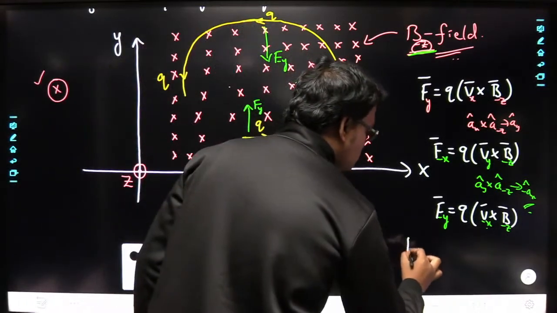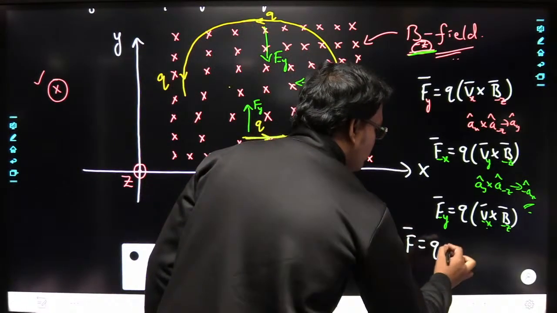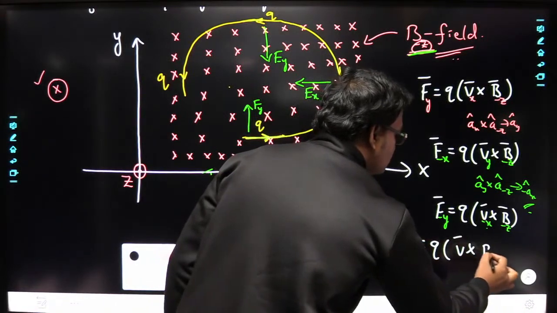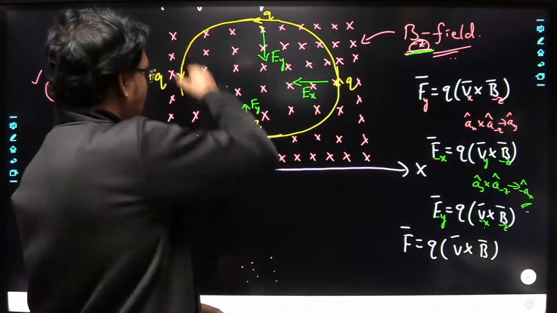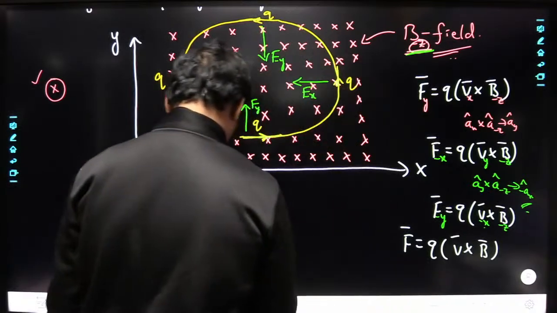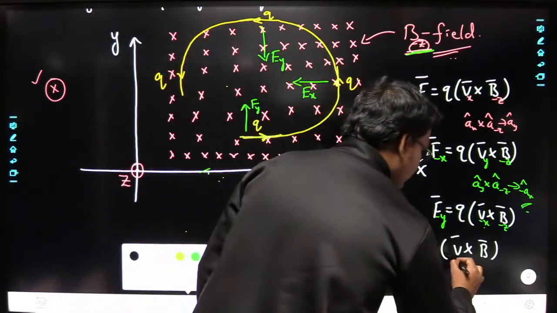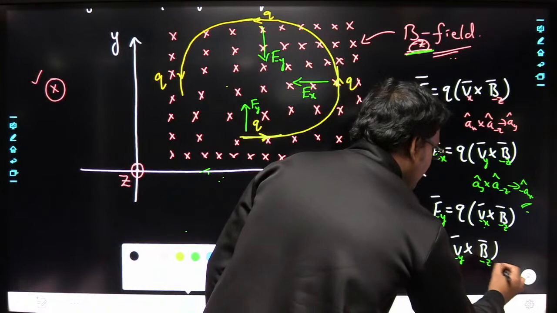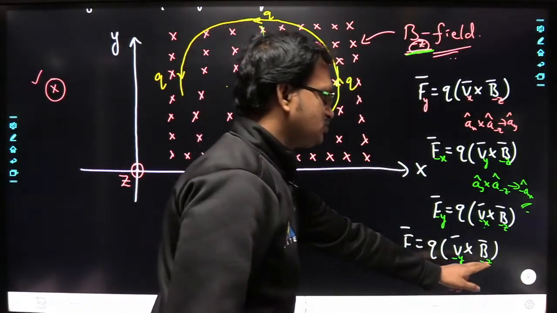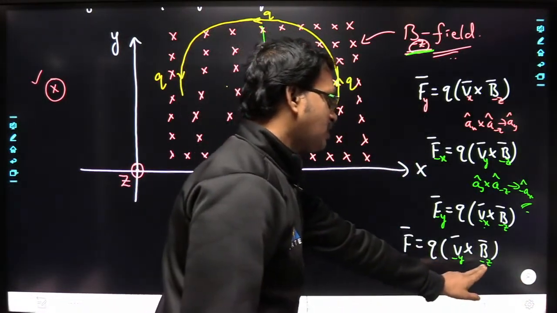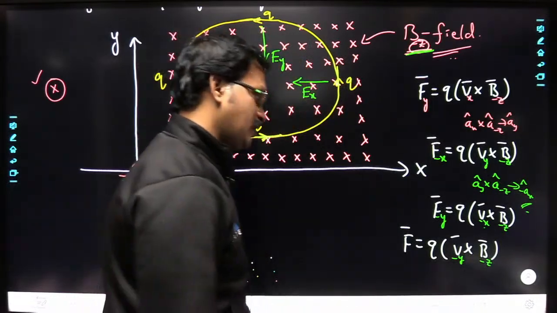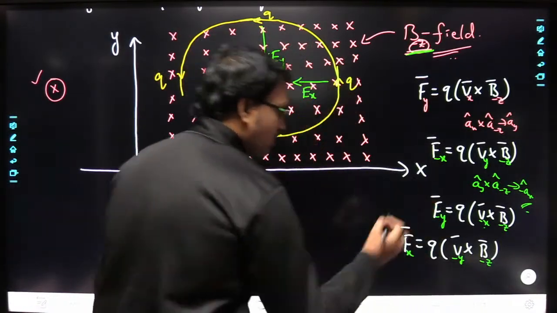Okay. So whenever it is moving along negative y direction here, in which direction is it going to experience the force? So F bar is equal to Q into V bar cross B bar. Now the velocity is in negative y direction. B field is in negative z direction. Here minus into minus will become plus, ay cap cross az cap will become Ax cap. So the direction of force will be in positive x direction.